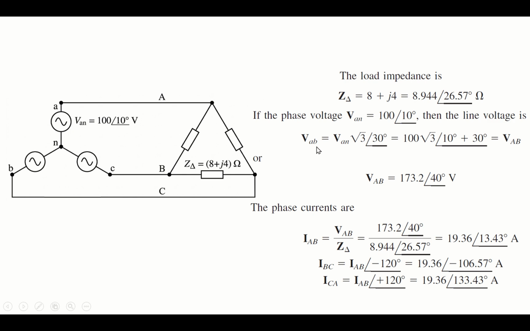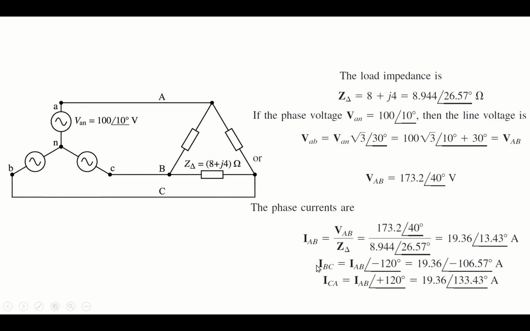Since the angle is 30 degrees for the line voltage, this can be written as 10 plus 30 degrees, and thus as 173.2 angle 40 degrees. Using this expression, we can find the phase current as this voltage divided by the impedance, which is 8 plus j4 in each load branch, and voltage divided by impedance gives us the value of current in this form.